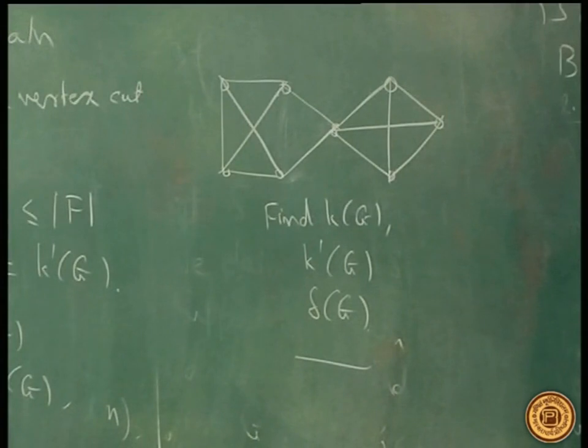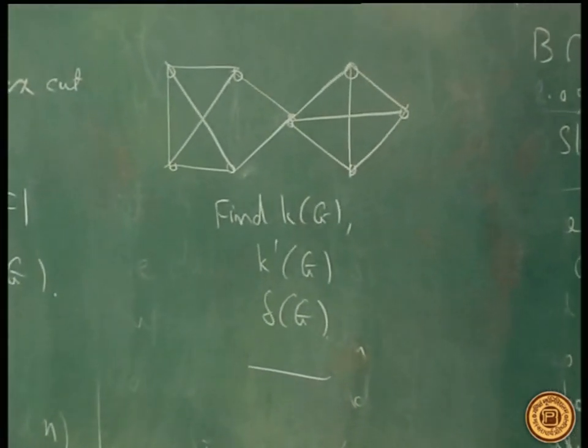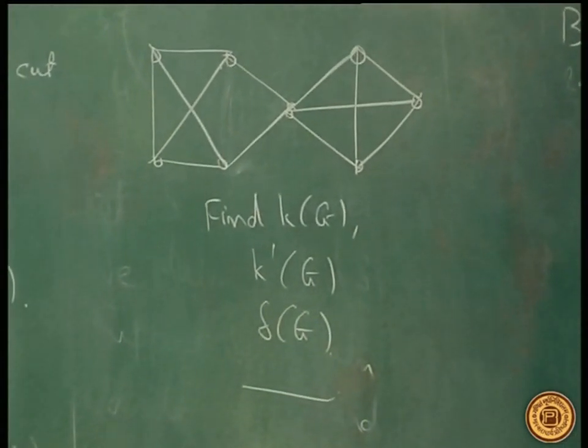Is it clear that graph is connected? Find smallest size of a vertex cut, minimum degree and smallest size of an edge cut. See that they will satisfy this inequality, but you really don't have equalities there. So we'll stop here.